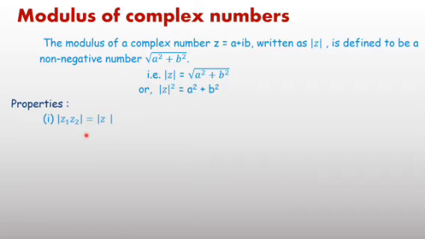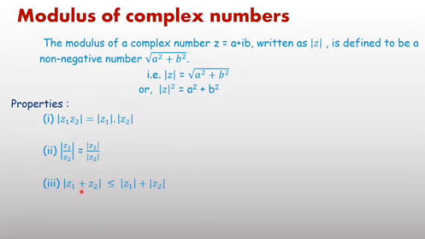Some properties. If two complex numbers are given, the mod of the product of the complex numbers is the same as the mod of the first complex number into the mod of the second complex number. Or for division also, if two complex numbers are in division form, Z1 upon Z2 whole modulus is the same as mod of Z1 upon mod of Z2.